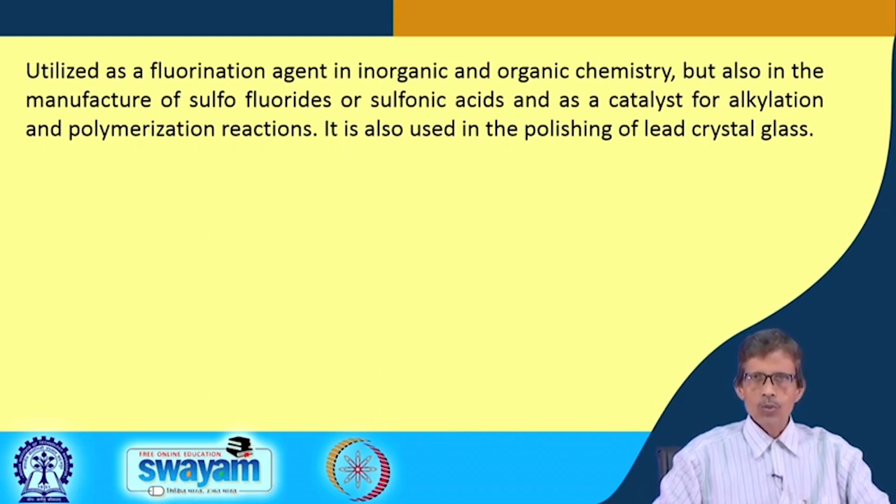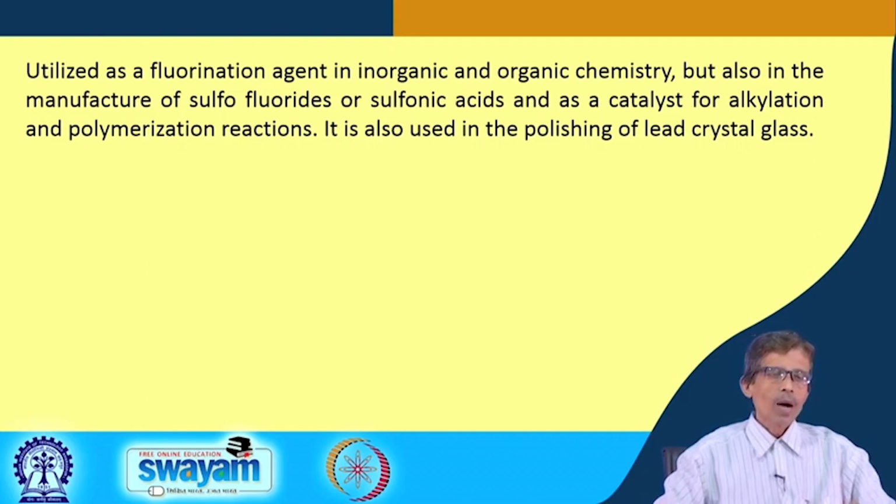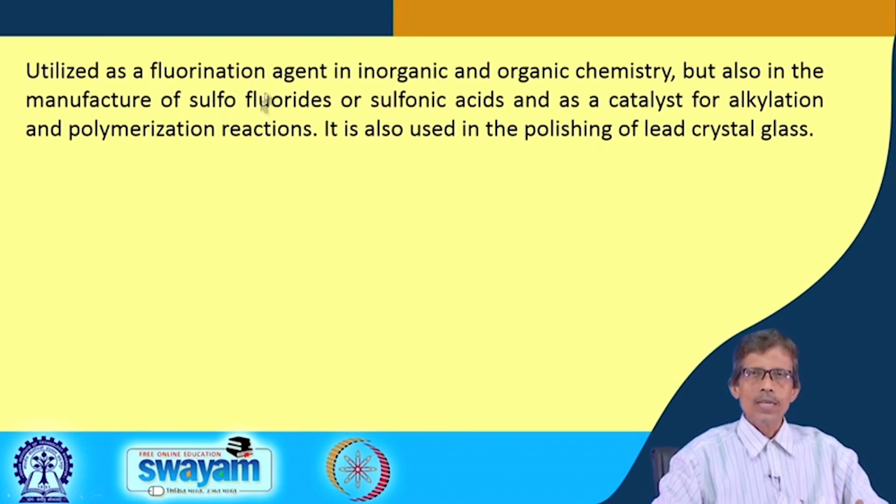That means your chlorosulfonic acid, your fluorosulfonic acid, is for some other purpose, not for sulfonation, because the chlorosulfonic acid we have seen is utilized for sulfonation. Earlier we have seen that disulfur dichloride or sulfur dichloride is utilized for chlorination, and thionyl chloride is another product from there.